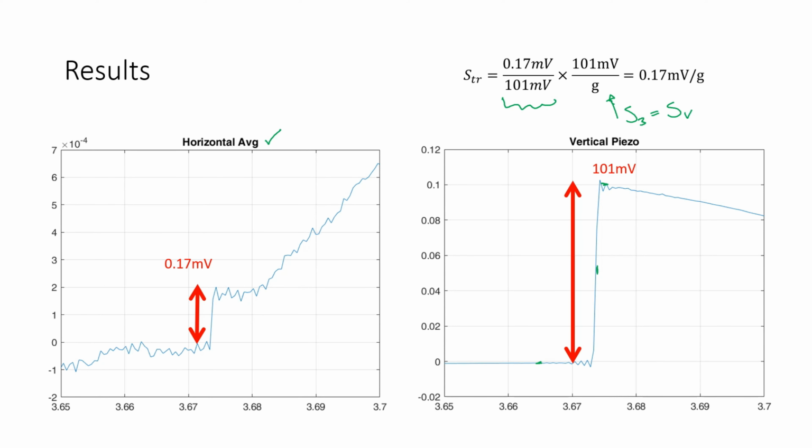Lastly, we calculate the transverse sensitivity, and it ends up being something like that. When you compare these two numeric values, the transverse sensitivity for these accelerometers ends up being roughly 0.17%. So it's good to keep this in mind whenever we operate accelerometers. So yeah, that's it.